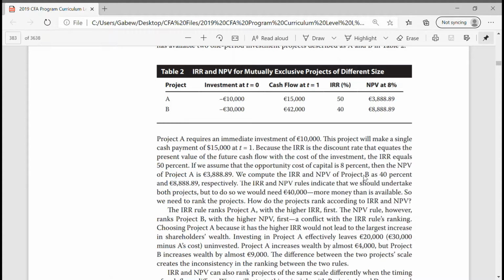Because IRR is the discount rate that equates the present value of the future cash flow with the cost of the investment, the IRR equals 50%.